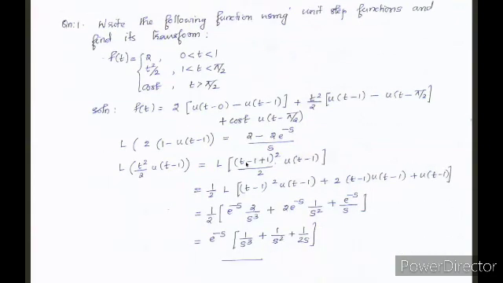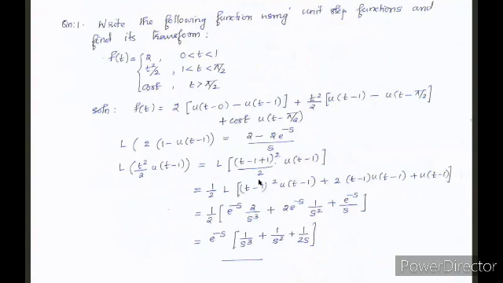Then next is the second term, Laplace transform of t squared by 2 into u of t minus 1, which is equal to Laplace transform of. So I will rewrite t square as t minus 1 plus 1 the whole square by 2 into u of t minus 1, which is equal to 1 by 2 into Laplace transform of a plus b the whole square.